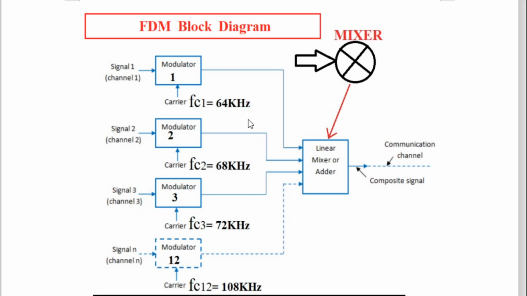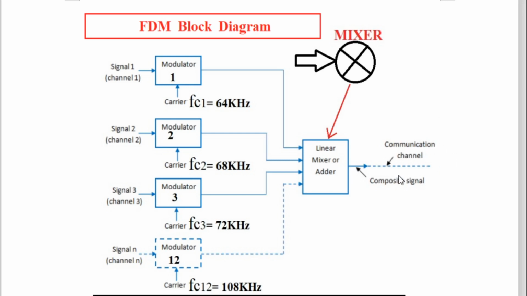Because each information signal is modulated with a different carrier, all the modulated outputs are given to a mixer, and then passed on to the communication channel.